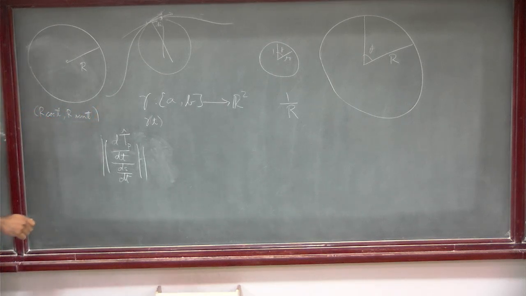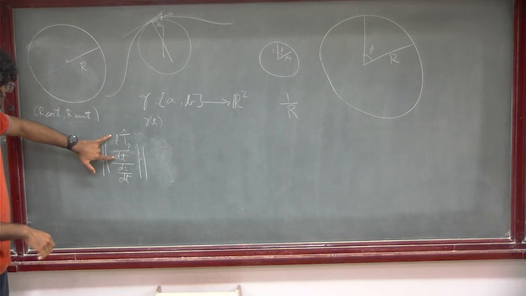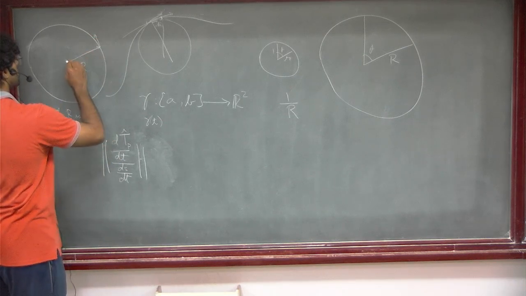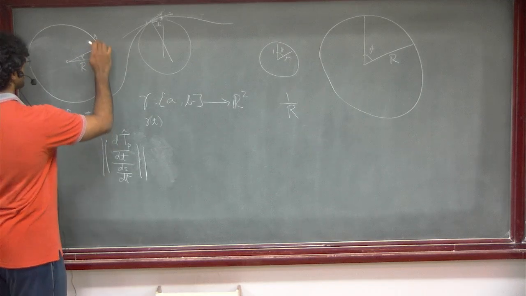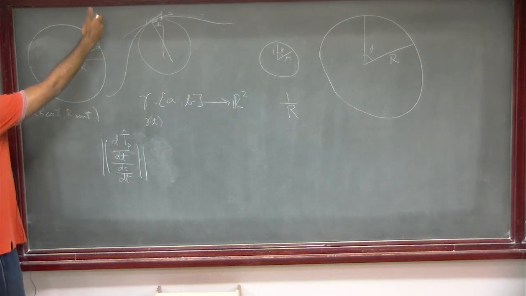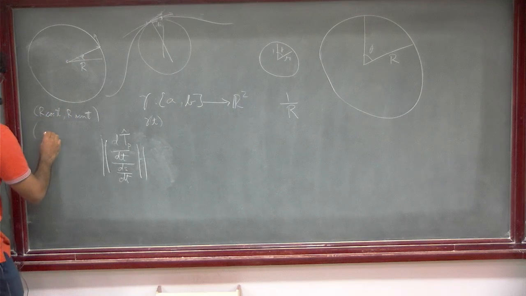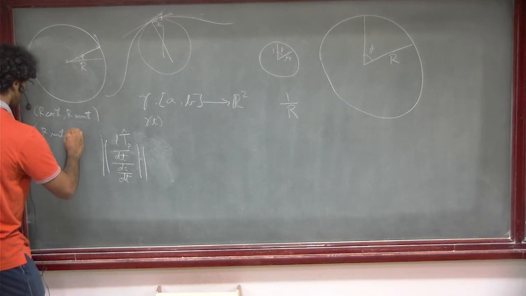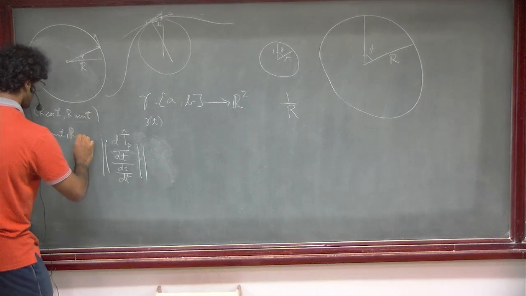The tangent at every point, you can either differentiate this or just see that it's perpendicular to the radius. So it'll be minus r sine t, r cosine t.